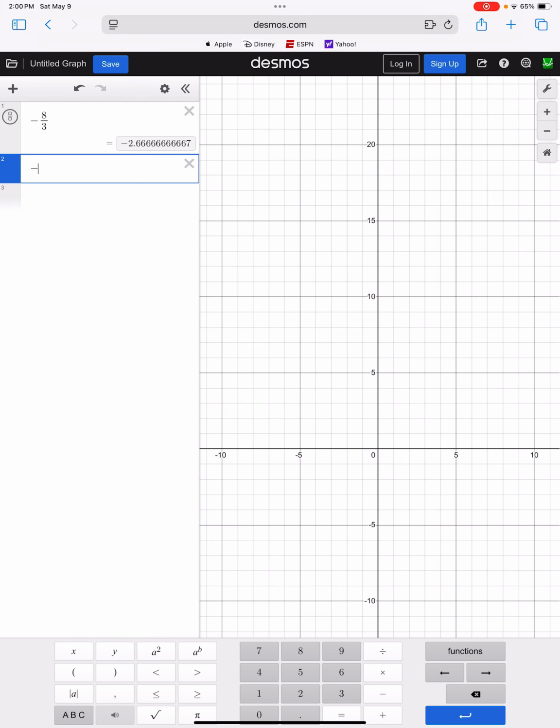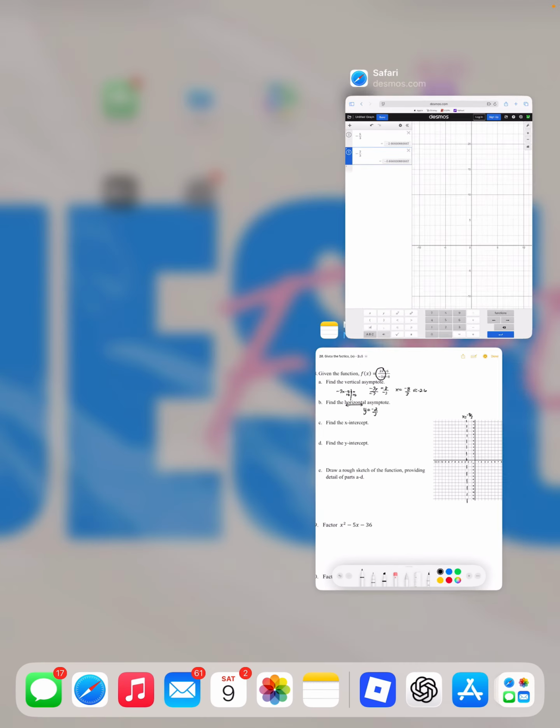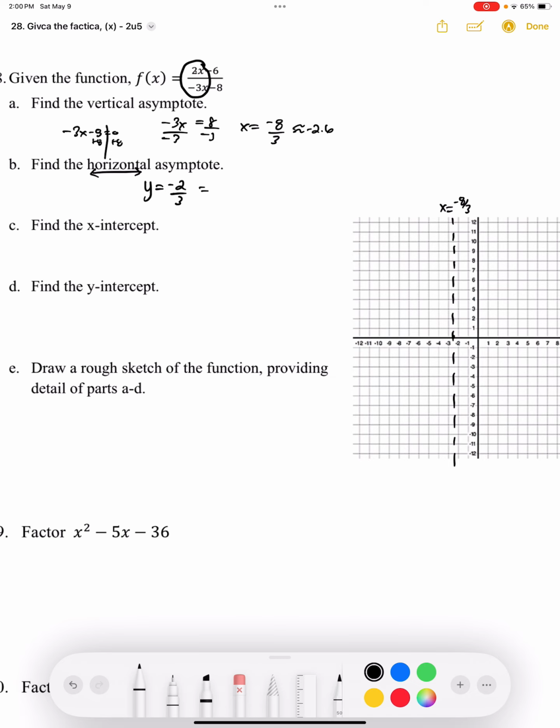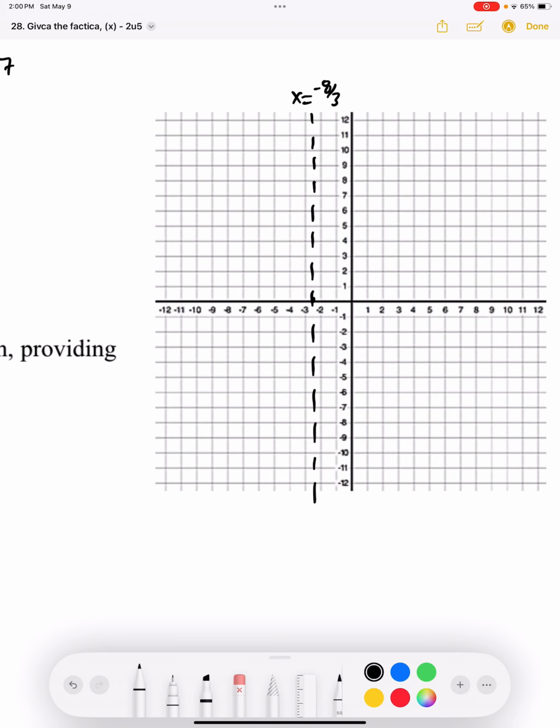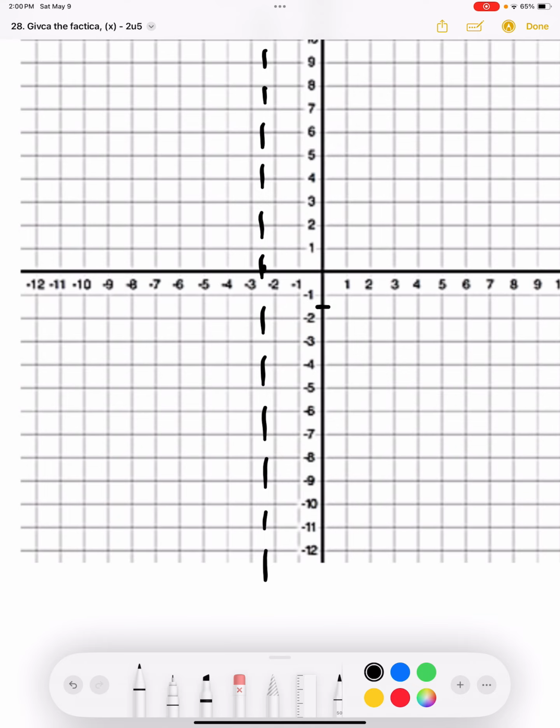If you need a decimal, -2 divided by 3 is -0.6. So that would be right, nope, that's too far down. It should be halfway, so a little bit closer. So it's not at -1, it's below that. y equals -2/3.